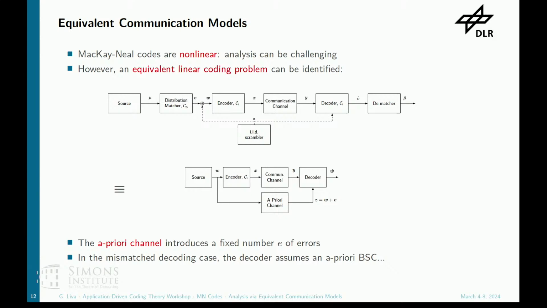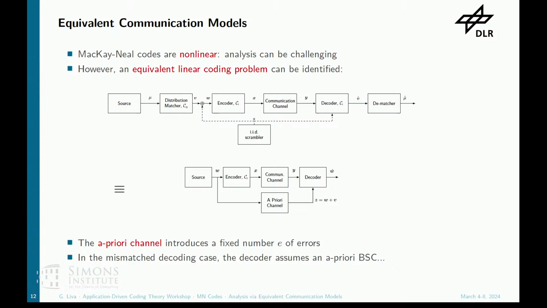The idea is that the prior information that we get at our linear LDPC decoder from the a priori distribution of the encoder inputs is equivalent to the observation of the input of the encoder through a binary symmetric channel with an error probability that is equal to the parameter omega we have seen before. Okay, so this can be shown.